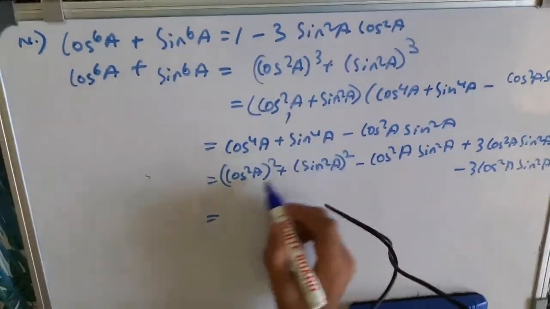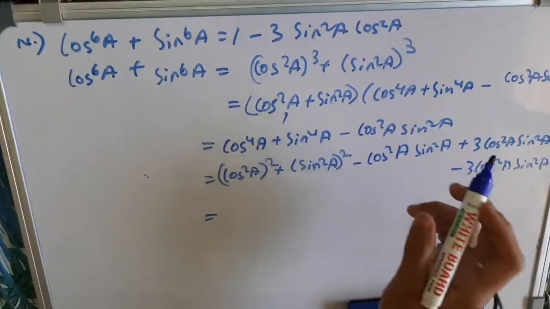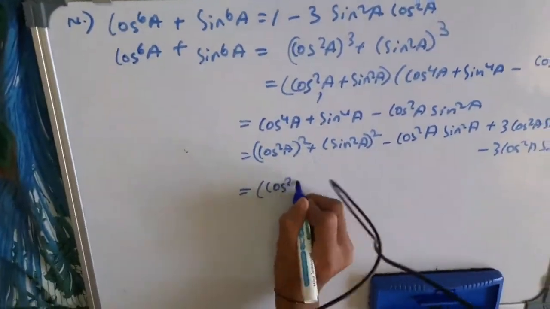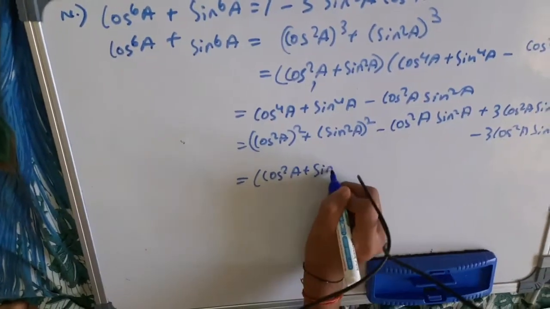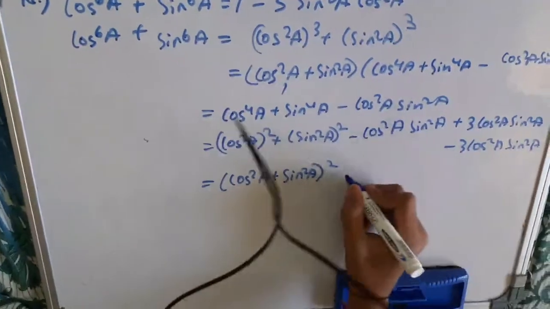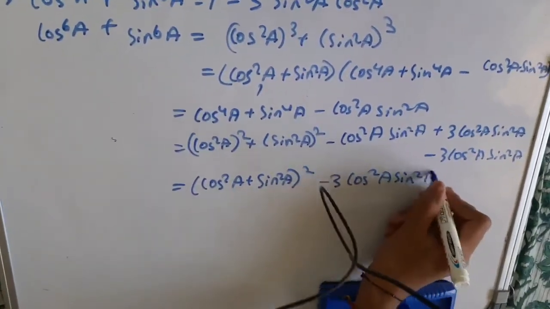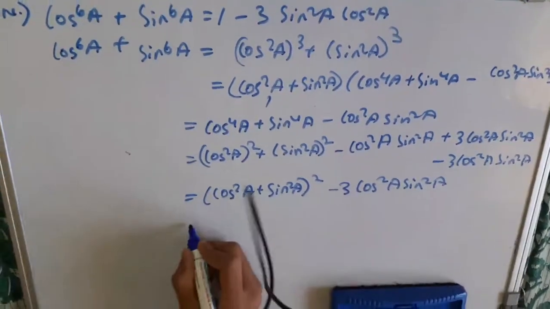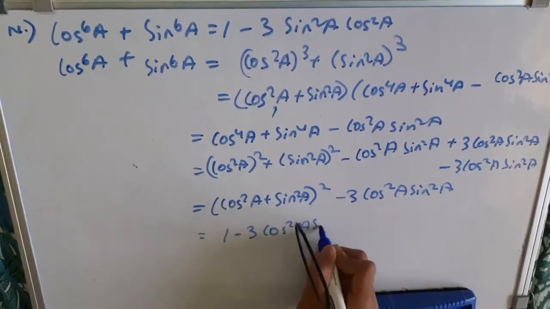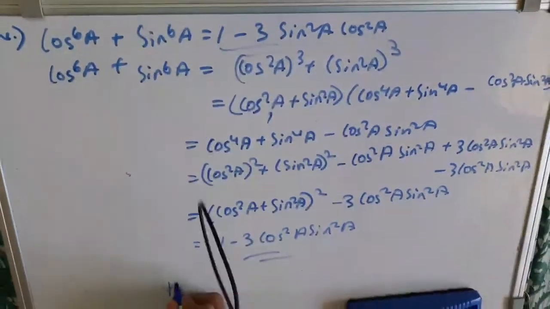So this would become an identity, a square plus b square plus 2ab, so this would become (cos square a plus sin square a) whole square, and this minus 3 cos square a sin square a. But we know that cos square a plus sin square a is 1. So this would be 1 minus 3 cos square a sin square a. So we are done again. Hence proved.